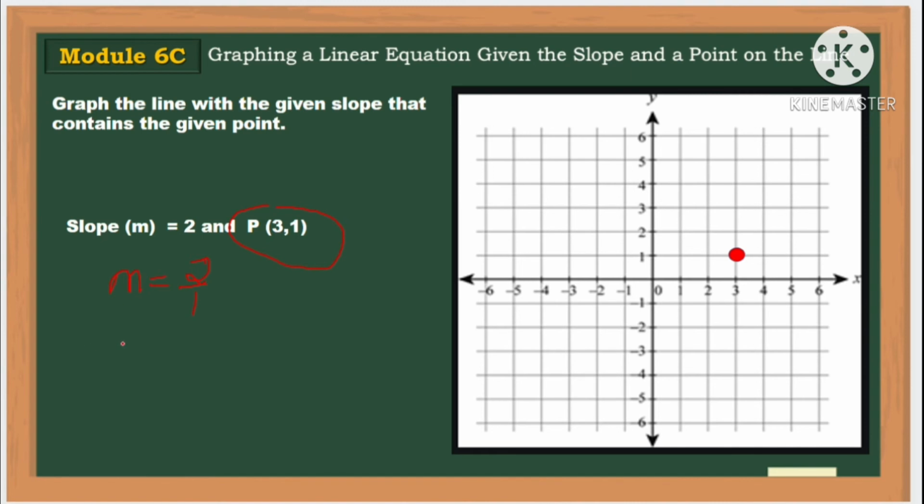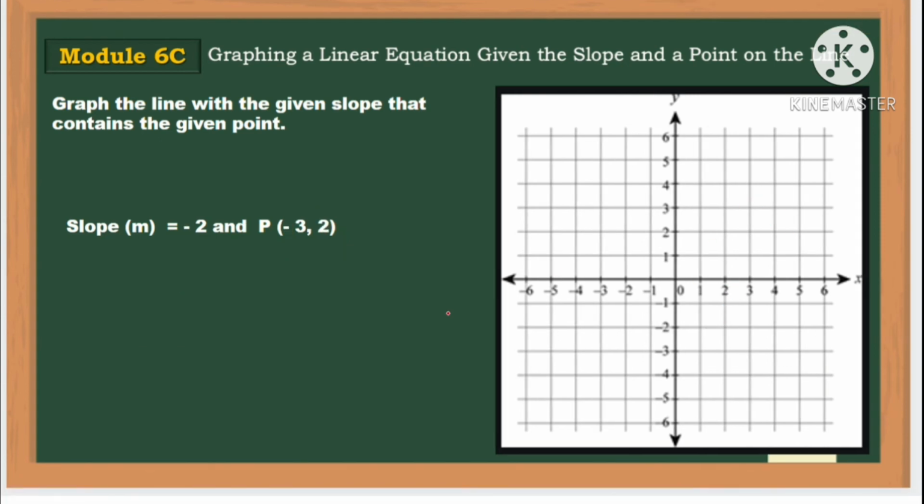When the slope is positive, the graph looks like this. When negative, it goes the other way. So this is positive, negative. Then the other one is 0 and the undefined. So this is 0, then this is the undefined. Since this is rise, 2 over 1, the rise is 2, then the run is 1. We run here because that is positive. Then draw a line. Okay?